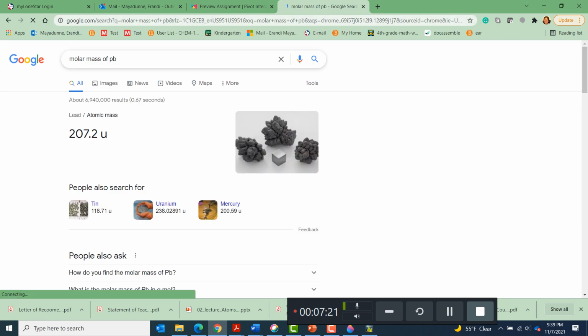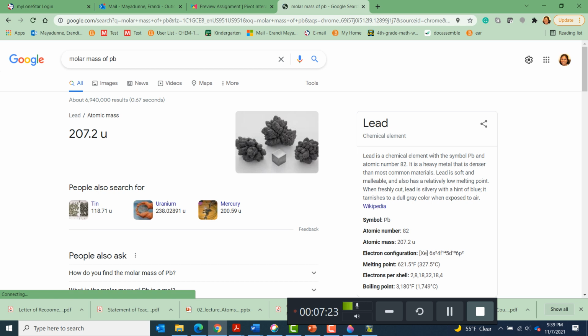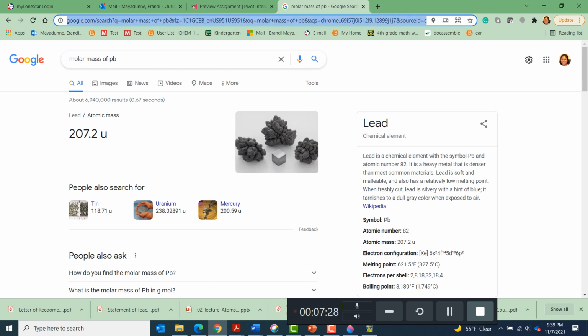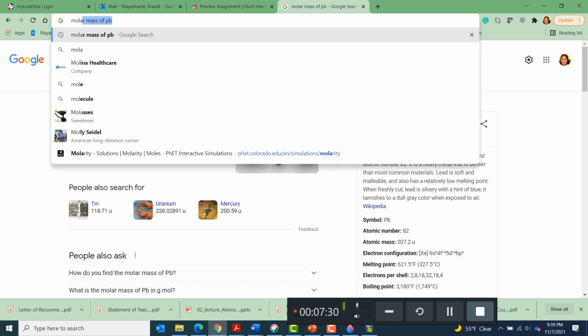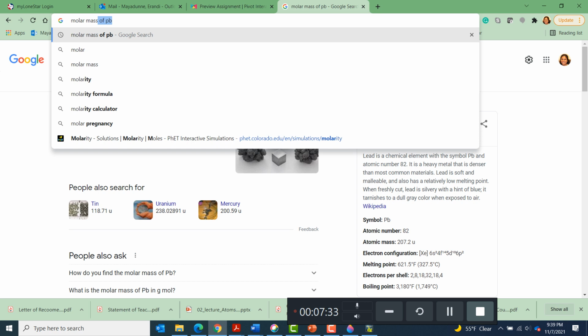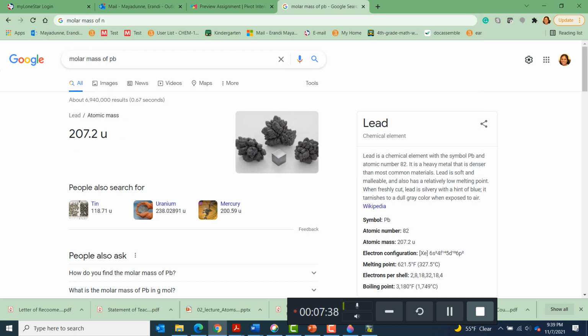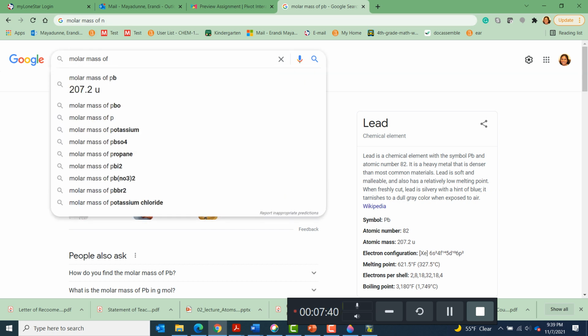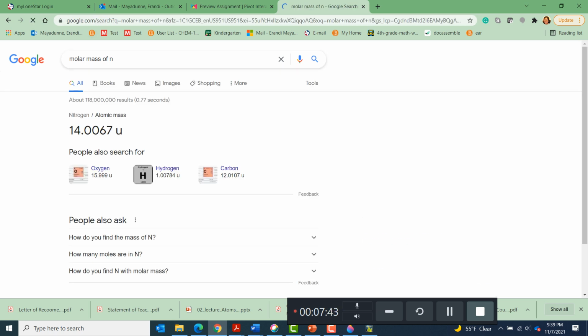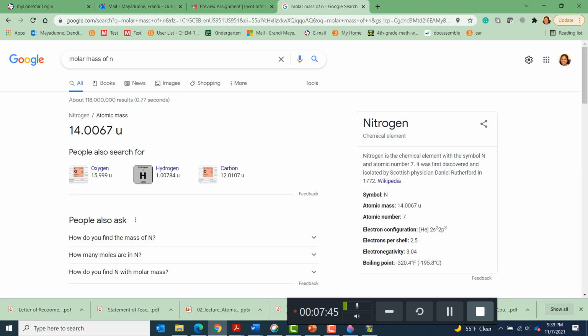So the molar mass of Pb is 207, and nitrogen is 14. Similarly, the molar mass of oxygen is 16. So the important thing is I need this 207.